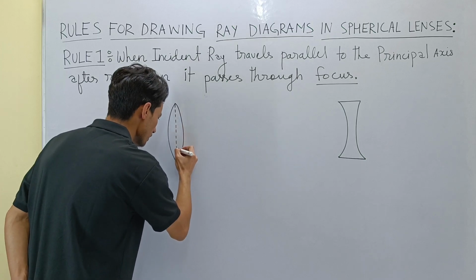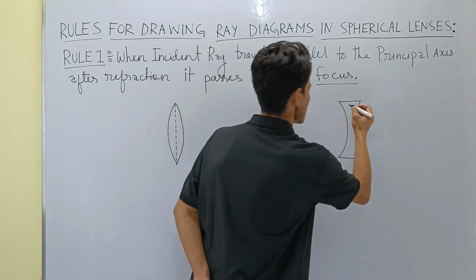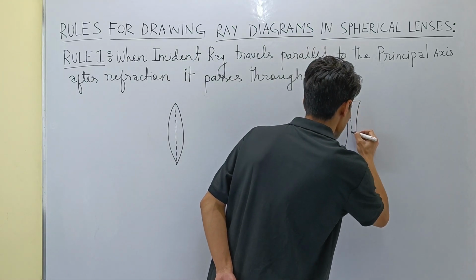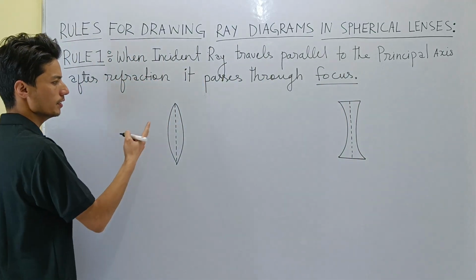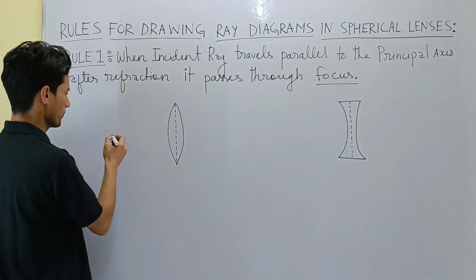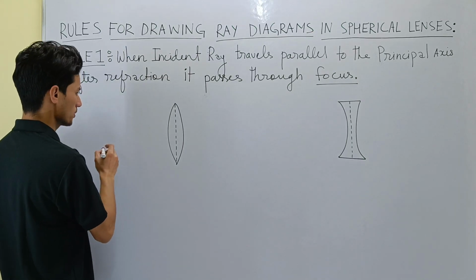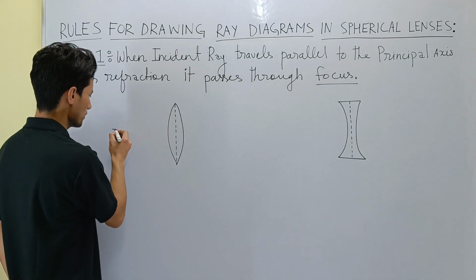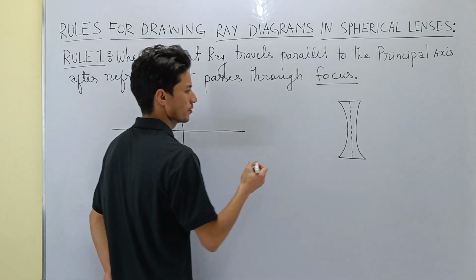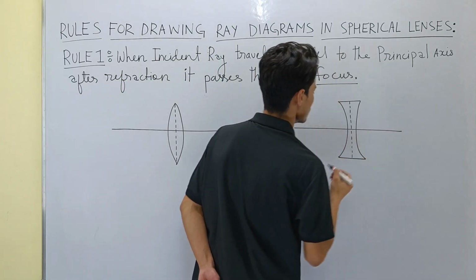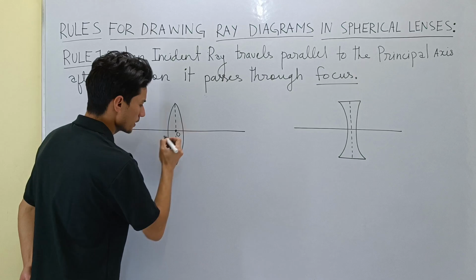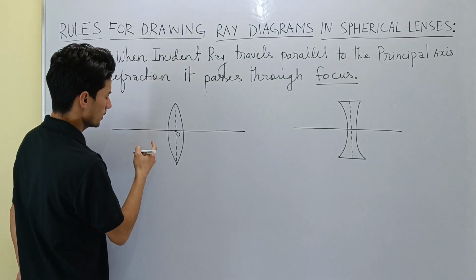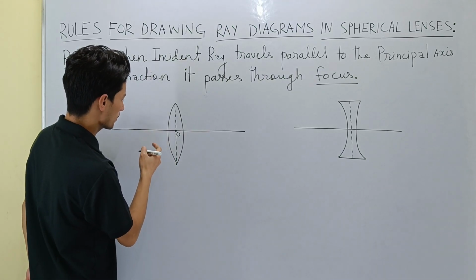Always mark the aperture in both the lenses. I want you all to grab your pen and a book and practice. With practice you learn better. After that you draw the principal axis for both the lenses. Then this center is the optical center. Then we can mark the focus now.